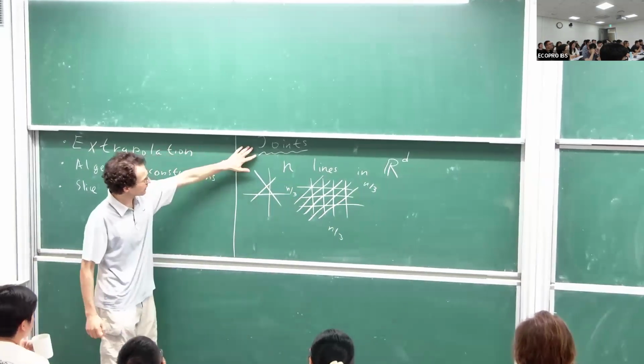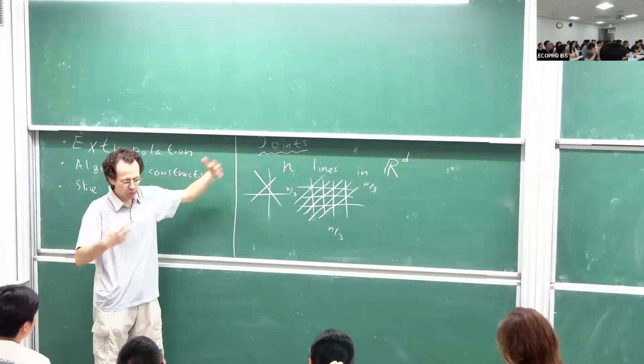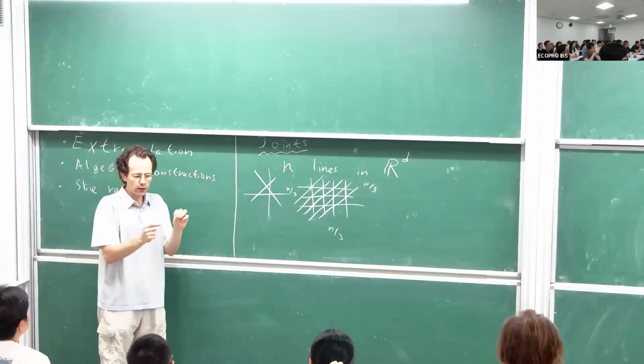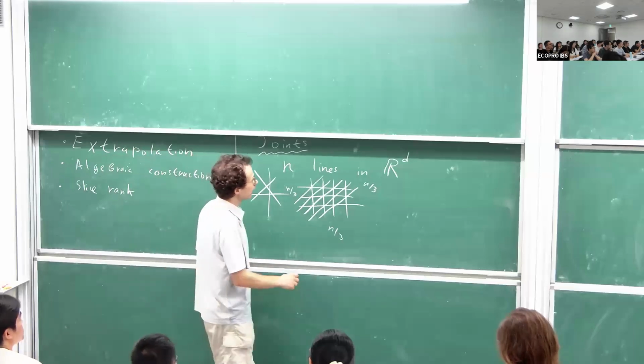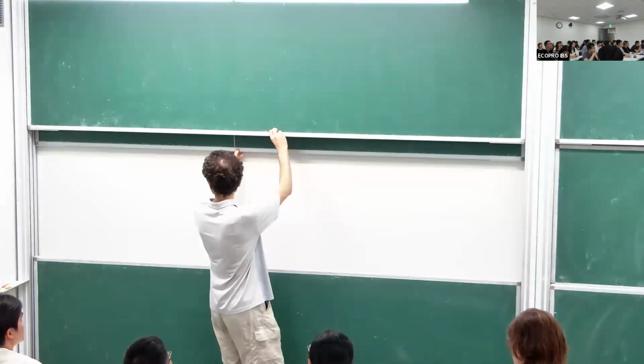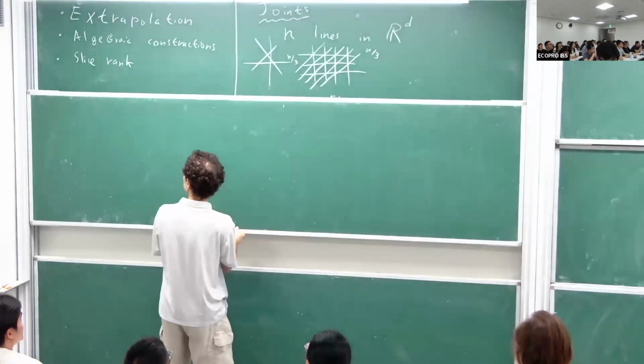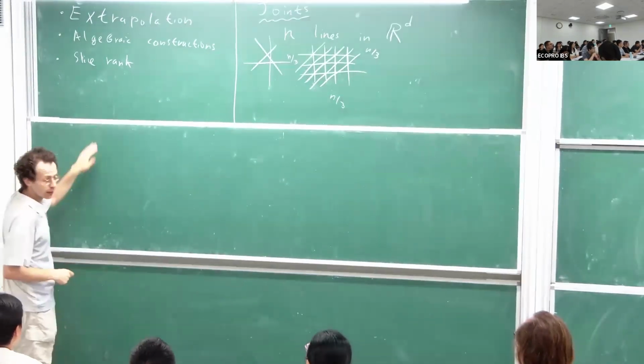So a joint is one way to formalize the idea of looking at the d-dimensional intersection points of these lines. A joint is a point where you see d different directions.